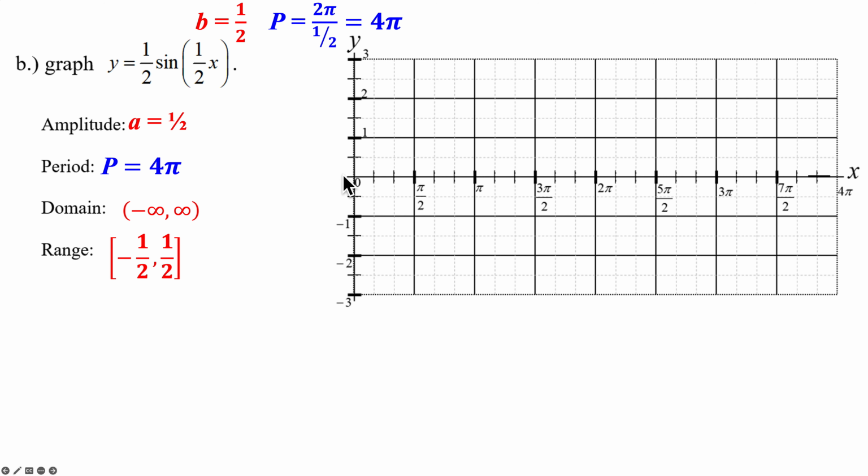So start at the origin. We could plot all our points. We could say, well, normally at pi over 2, we're up to 1, but multiplied by a half. And then normally at pi, we're back to 0. 3 pi over 2 we're at -1, multiplied by a half, we're at -1/2. 0 at 2 pi.